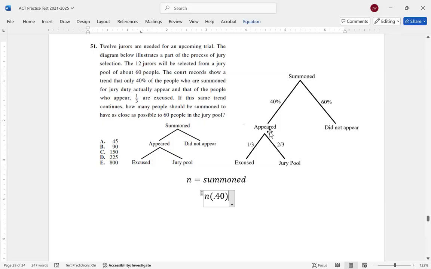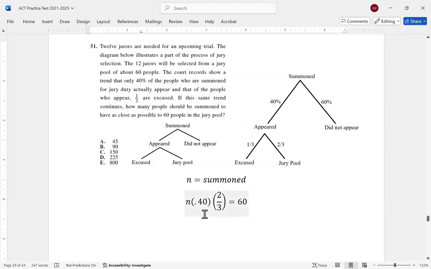And then I need to multiply that number by 2/3. That's the number of people in my jury pool. But we want 60 people to be in our jury pool. So how many people would I need to summon to get 60 people in my jury pool? That's just solving this equation.